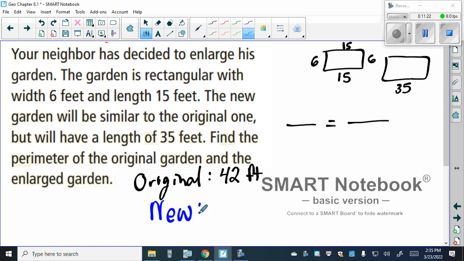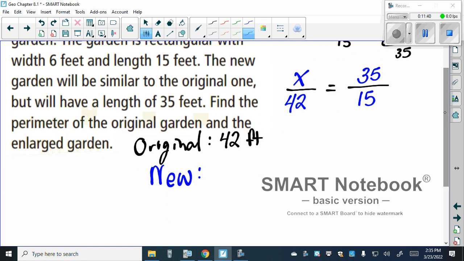Okay. Now here we're trying to find the new perimeter, yes? And the original perimeter was? Now we need our proportions of sides. Well, they only gave us one side length of the new one: 35 over 15. At this point, we're going to need to multiply both sides by 42, because we need x by itself.